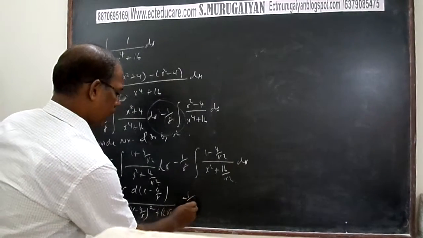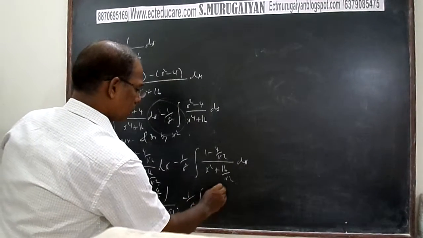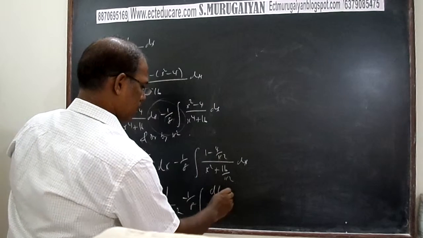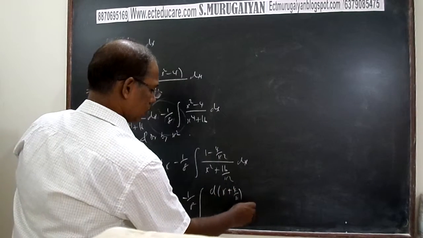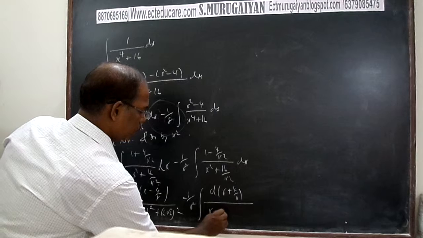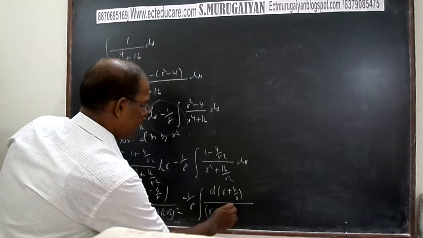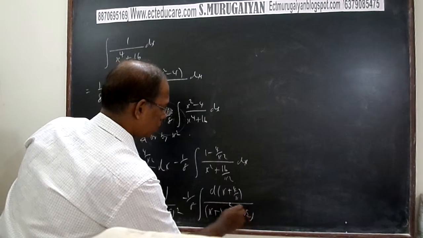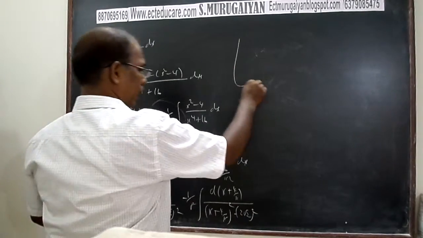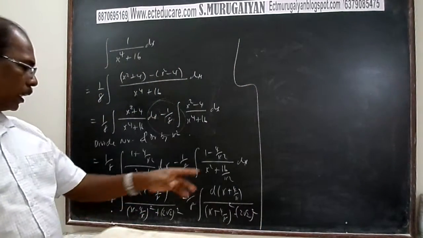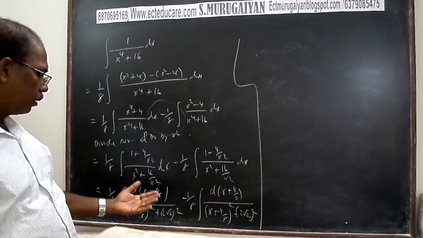Then minus 1 by 8, and this is the derivative of x plus 4 by x. So better write x plus 4 by x whole square in the denominator, minus 2 root of 2 the whole square. Now the two integrals are readily integrable.